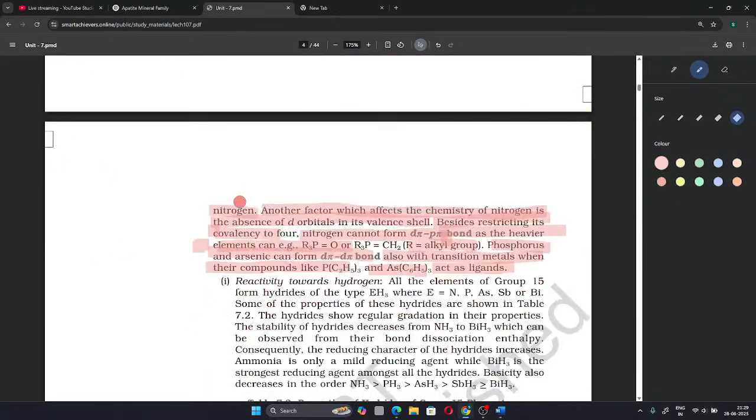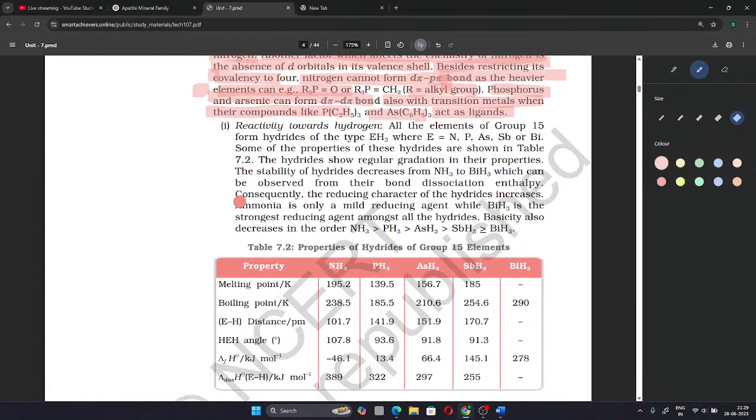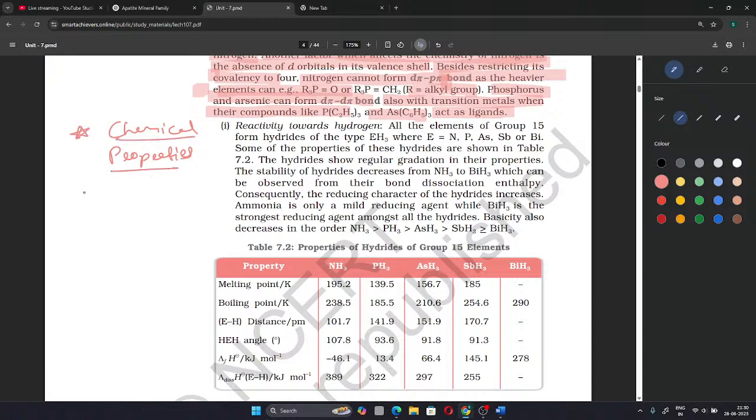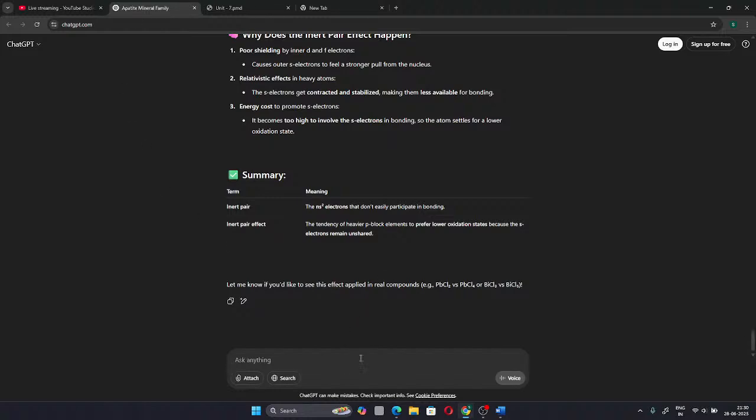I think we are starting with chemical properties next. Chemical properties. Reactivity towards hydrogen. All the elements of group 15 form hydrides of type EH3, where E is any of N, P, As, Sb or Bi, or basically the 15th group elements. Is there any name for the 15th group?